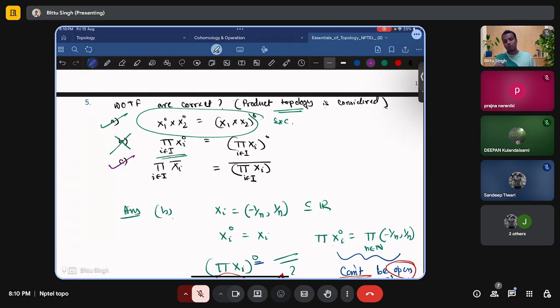Closure commutes with product. And the same thing goes for box topology also. Instead of product topology, if we consider box topology, this statement remains true. And moreover, this becomes true. That is the interesting thing. So you should prove those facts.